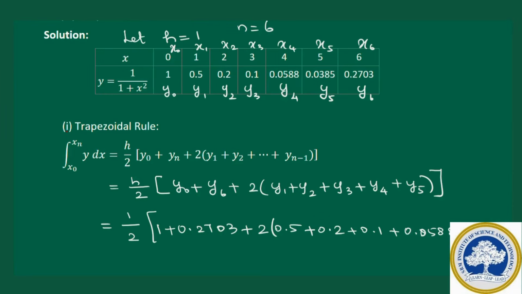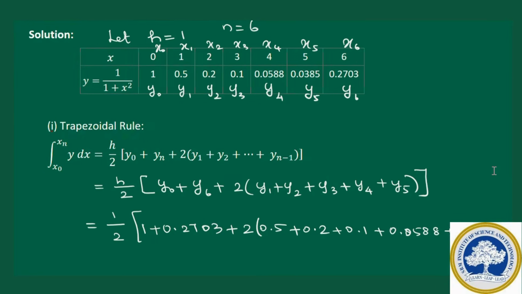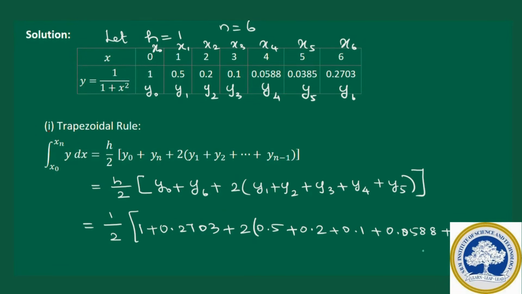Right? So this is 2 times of that. So now after calculating everything, the final answer is 1.4108. So this is the answer we have calculated using trapezoidal rule.